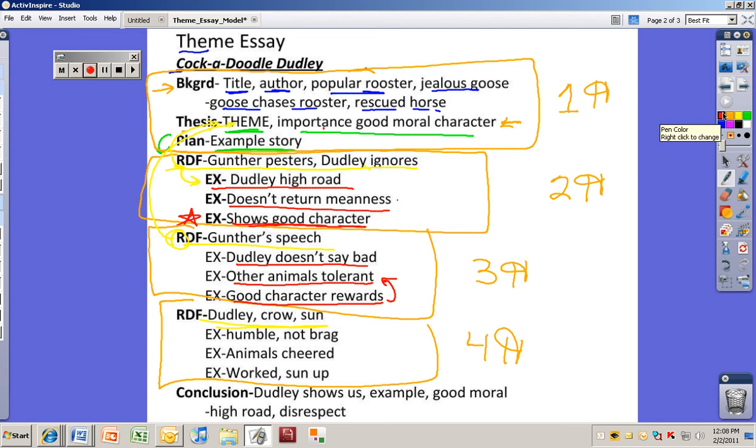I don't think it's really going to happen when I crow. And the animals cheered him on and they were like, come on, Dudley, you can do it. So they're all being really nice to him because he's got such good moral character. And it worked. The sun came up when he crowed. And so that shows that good moral character is something that's important in life to have.